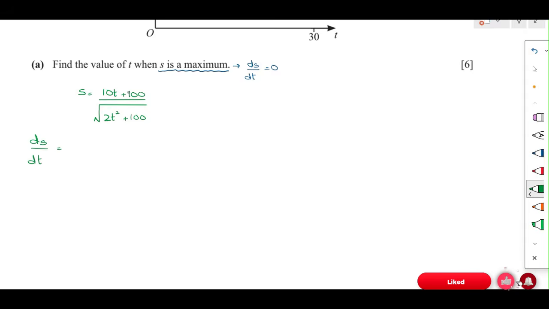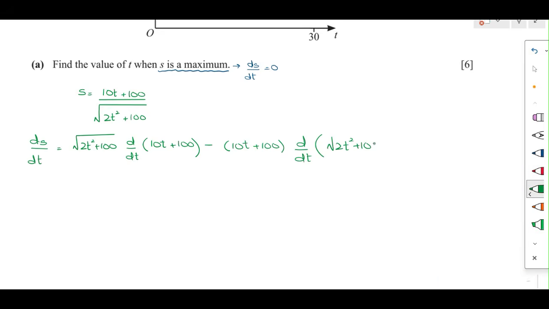Here we apply the quotient rule, right? So the denominator function we need to write is the square root of 2t squared plus 100, times the derivative d over dt of the numerator function 10t plus 100, minus the numerator function and the derivative of the denominator function, the square root of 2t squared plus 100.